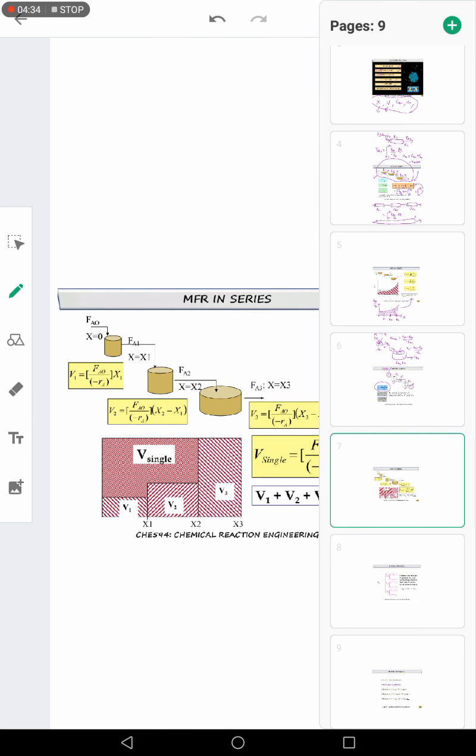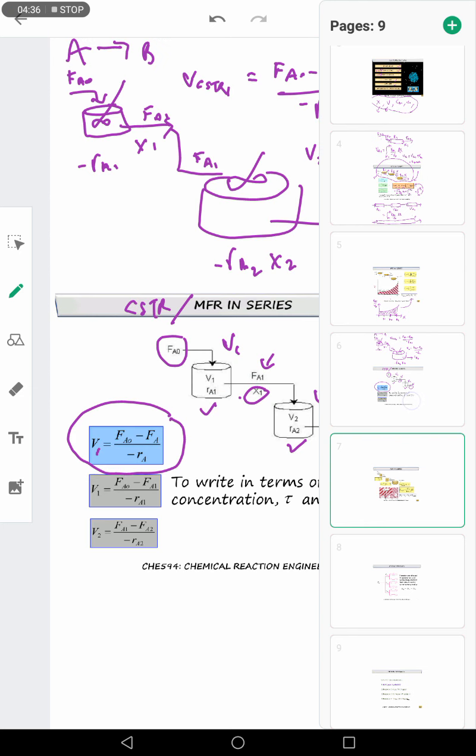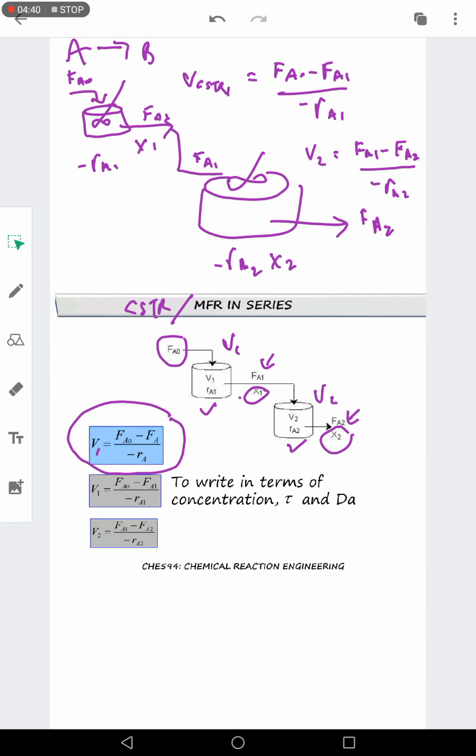Just in case there is a third reactor, FA2 will go into V3 of the CSTR.